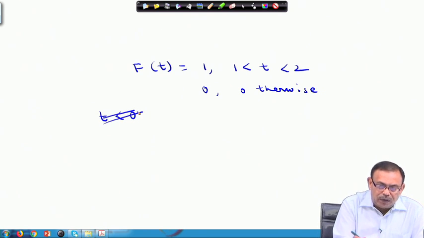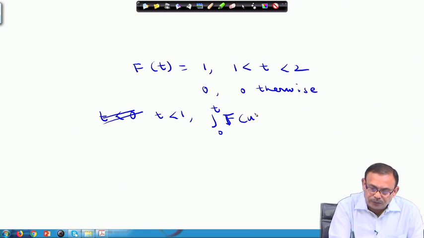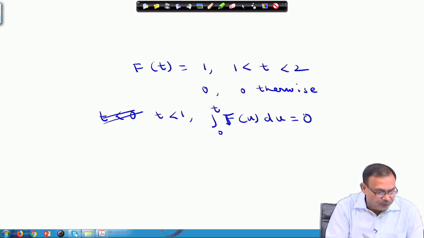Whenever t is less than 1, the integral from 0 to t of f u du is 0, since the function is 0 there.